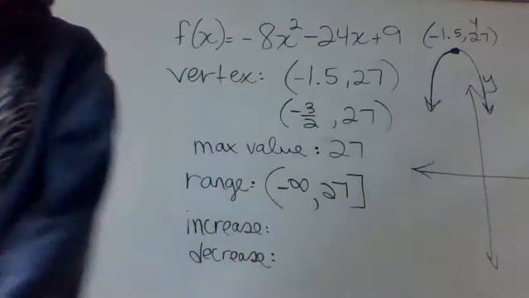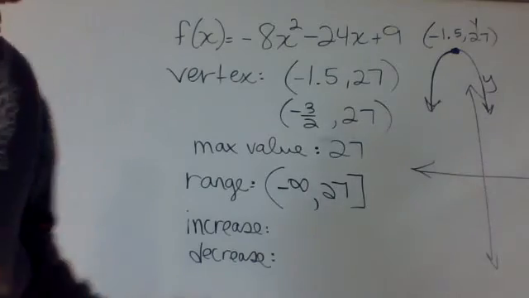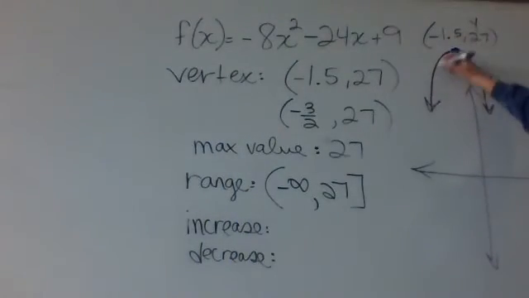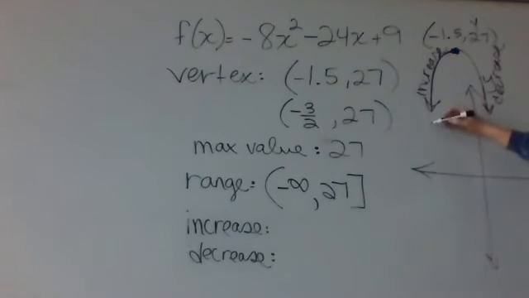So let's see, this one, this is the increasing side, right? Here's where it's going up. Then it passes through the vertex and it starts going down. So this is your decreasing side. So it's going up from negative infinity until it gets to this x.